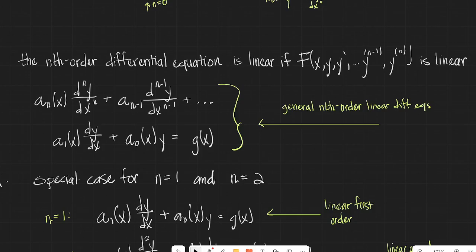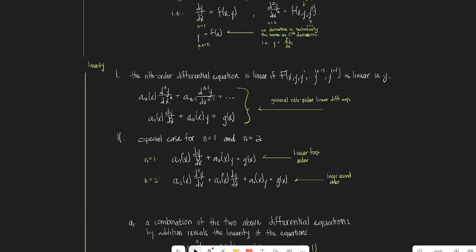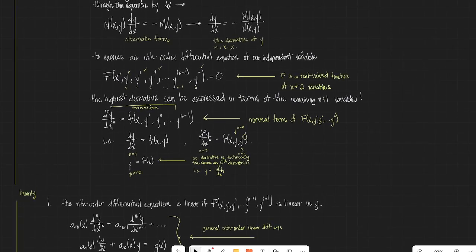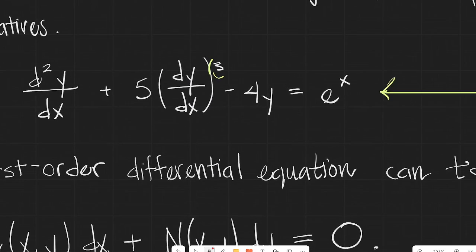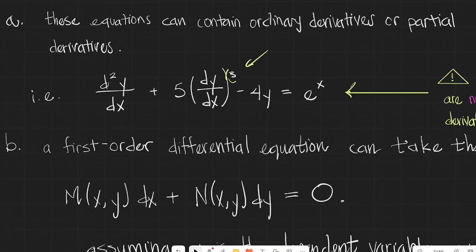There can't be any sine of y or sine of the dependent variable or the dependent variable cubed or a derivative squared or cubed, like we saw in the earlier example where that dy dx had a cube on it, and we thought we might get confused with the order of the differential equation versus the powers associated with them. And those powers in that case, where dy dx was cubed, that makes it non-linear, because this differential equation, because of this, is not linear in y, in the dependent variable.